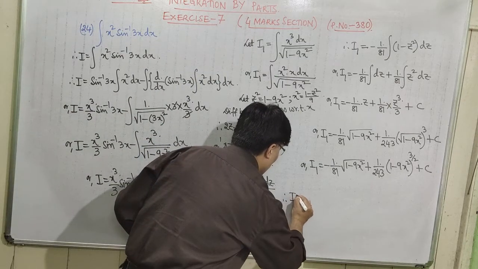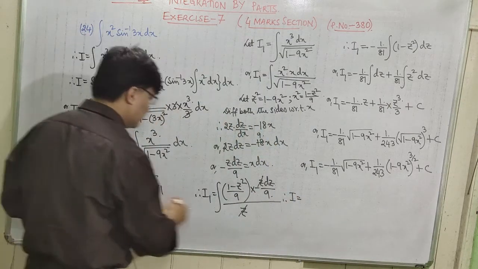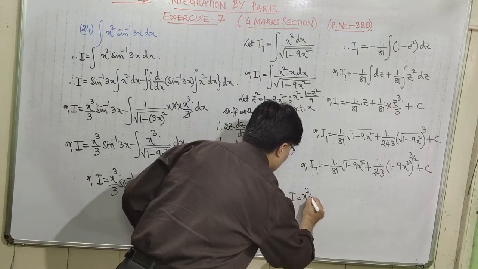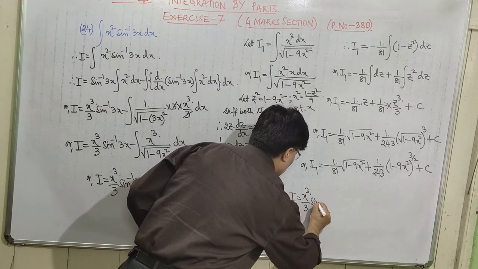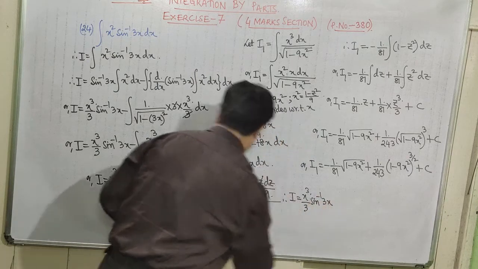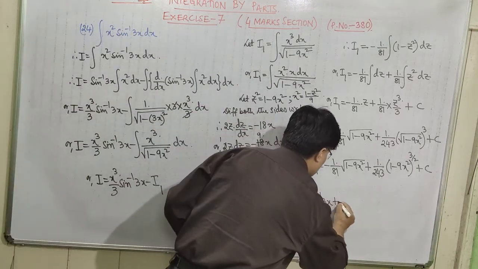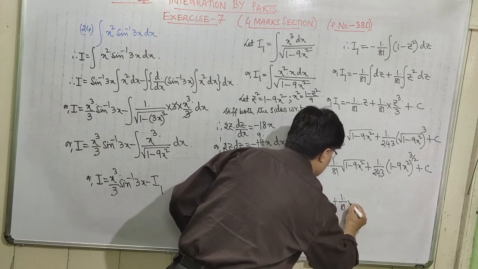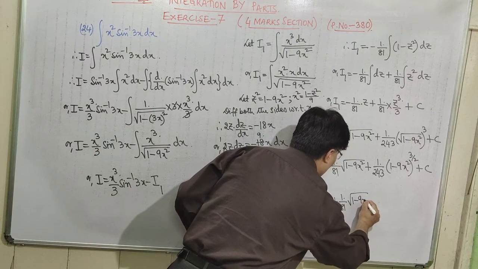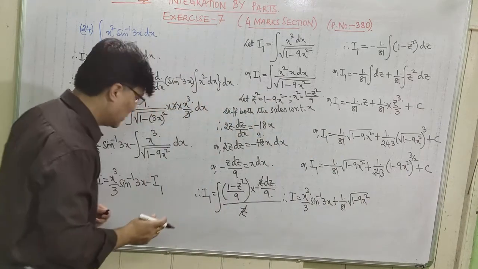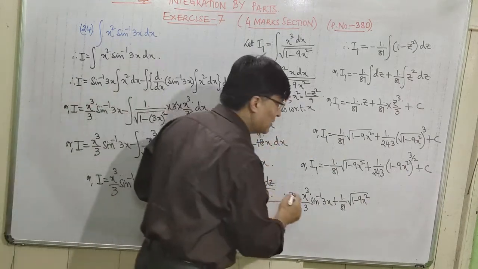So therefore what is I is equal to now? What is the first function? X cube by 3 sine inverse 3x, then minus I1 is there. So minus into minus plus 1 by 81 root over 1 minus 9x square. Okay, then minus into plus is minus.